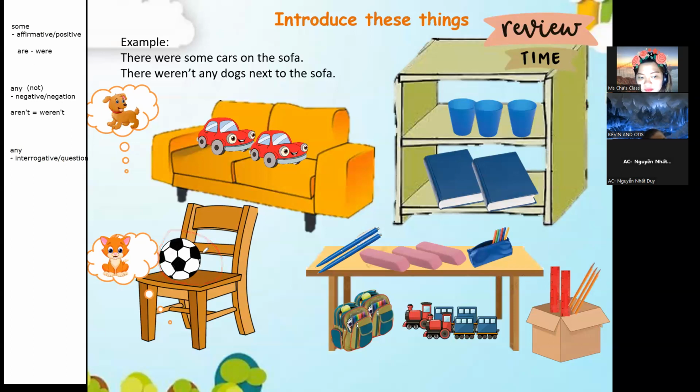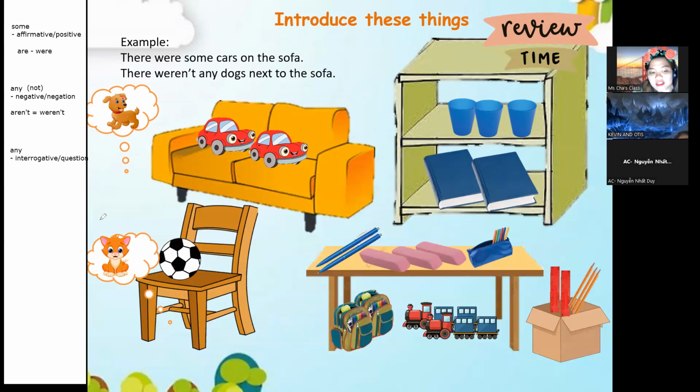There was. All right, very good. There was what? There was a ball. Where? On the chair. Very good. But how about this?